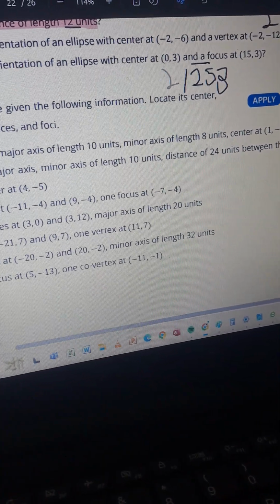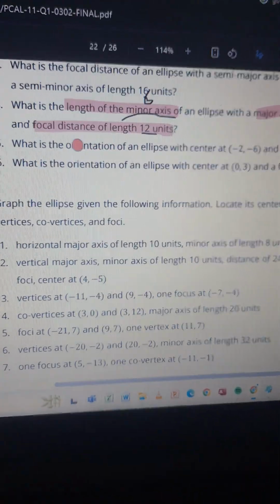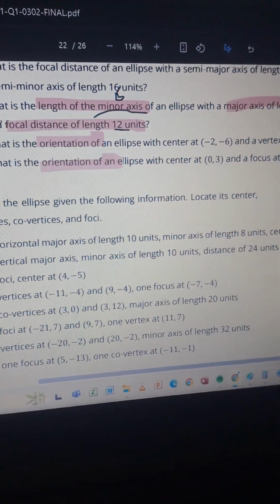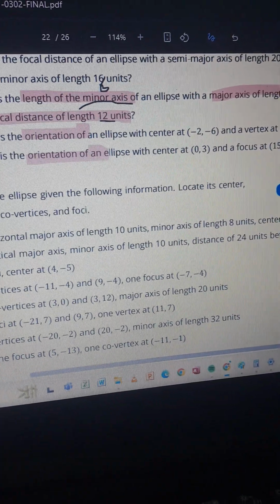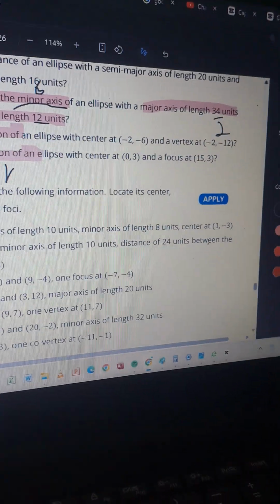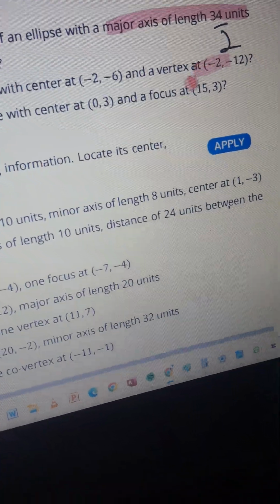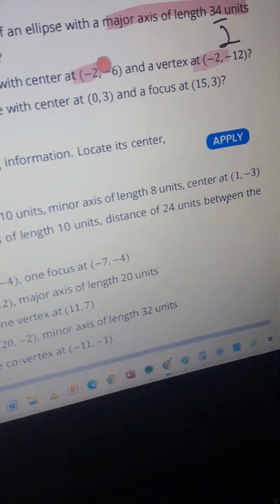Sunod kay kaning 5 and 6. So, let's just erase this, para clean slate tayo. So, orientation, ang gipangita raan na if it's horizontal or vertical. How are you supposed to find if it's horizontal or vertical? Well, you look at the values. If you can see, there's a number that's constant. Here is -2, and here it's also -2.